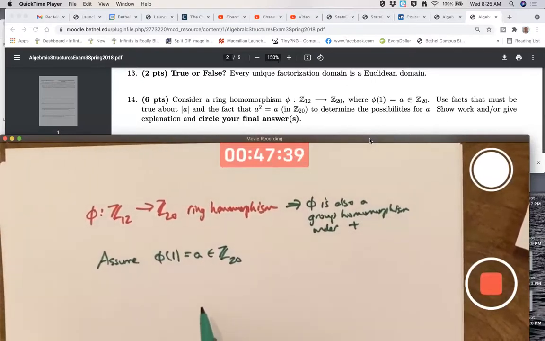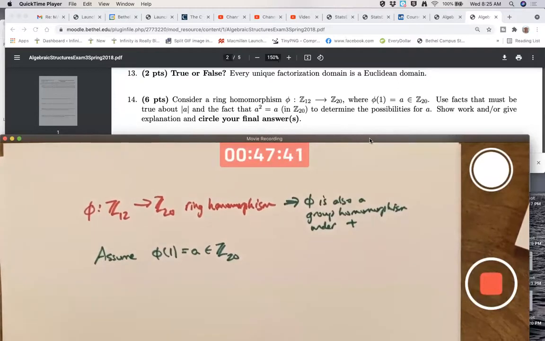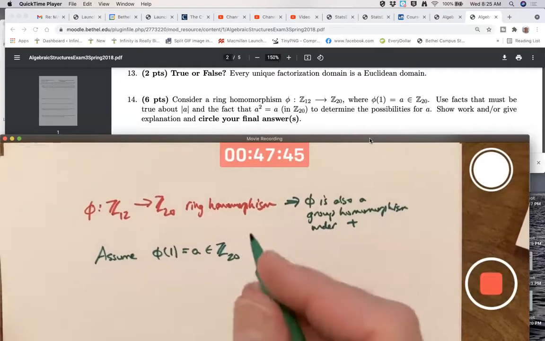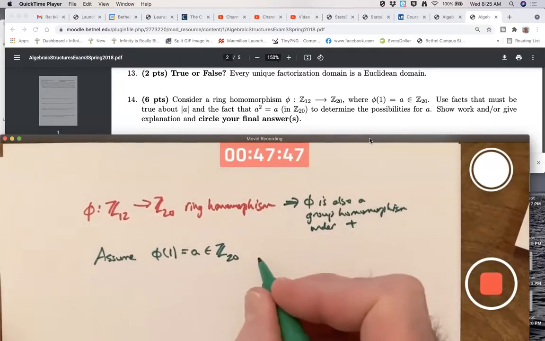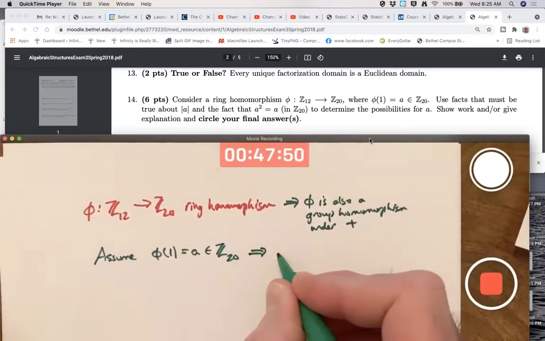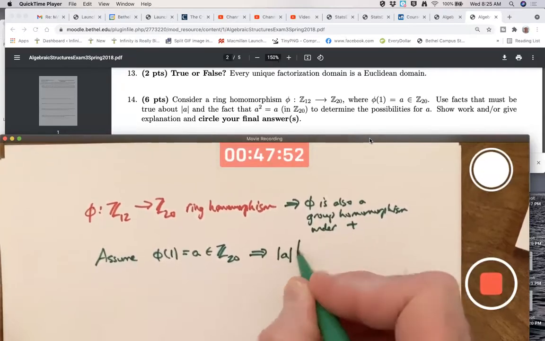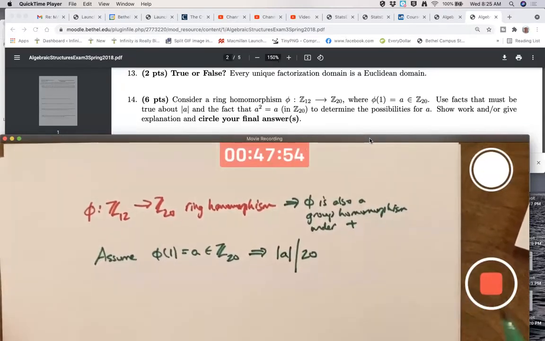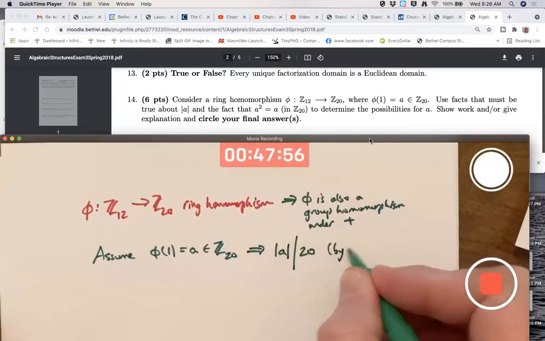That number A being in Z20 implies that the additive order of A has to divide 20, by Lagrange's theorem.